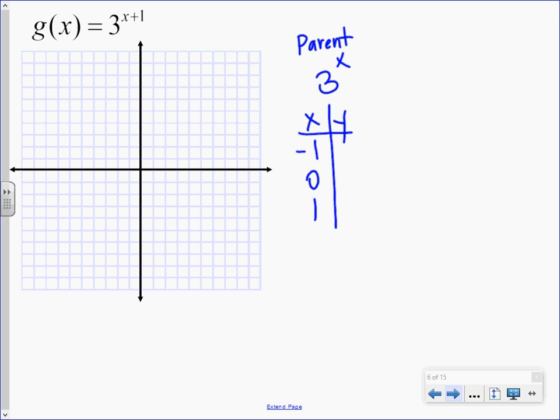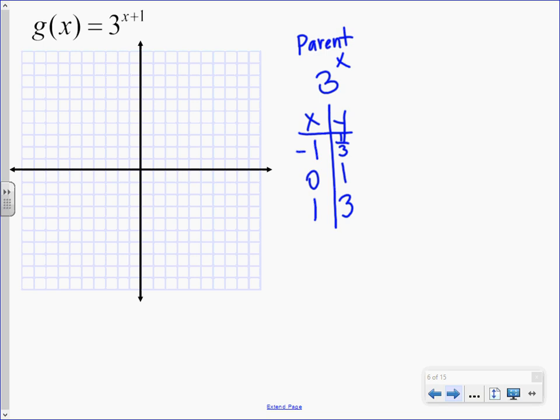We've already done that. But the -1, 0, 1, I want that to be plugged into the parent function. So 2 slides previous, we talked about how we had the points -1, 1/3, 0, 1, and 1, 3. Now let's think about the function that we really have, 3 to the x plus 1.